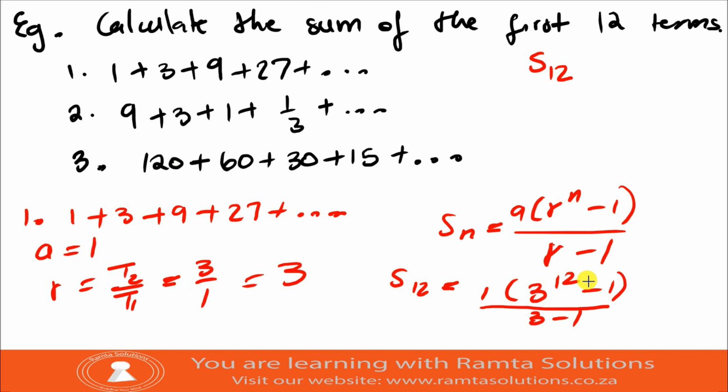So here our answer is, the sum of the first 12 terms is 265,720. That's the sum of the first 12 terms of this series. Okay, great stuff.